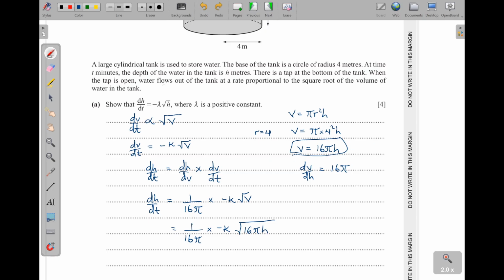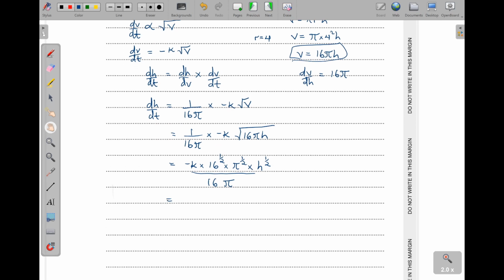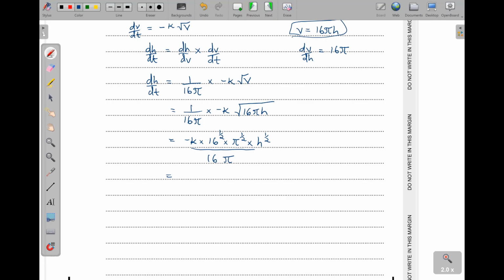16 pi h. Now I can use indices to simplify this. So we can have negative k times, now you have 16 power half, you also have pi power half, you also have h power half, then down here we have 16 pi. Then, of course, 16 power half is 4.